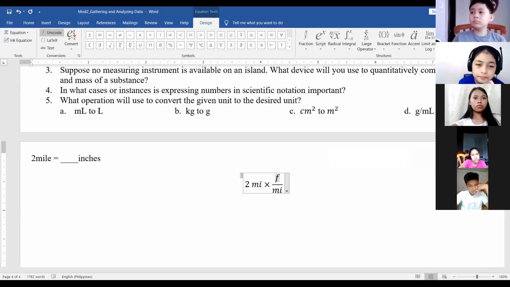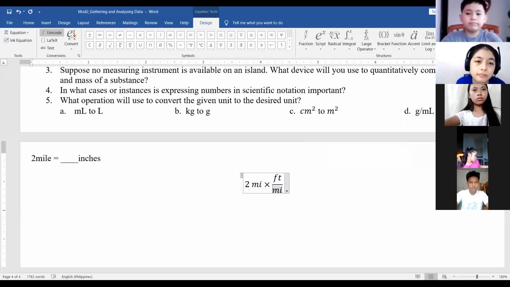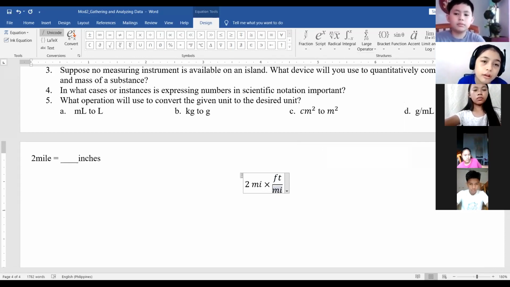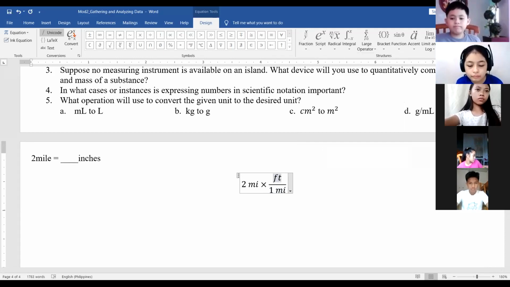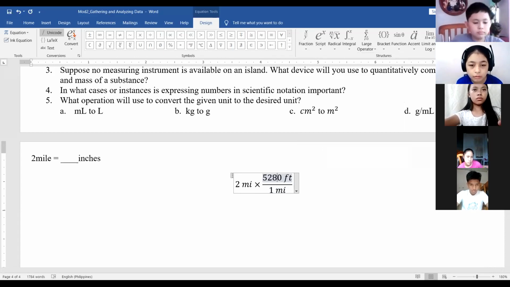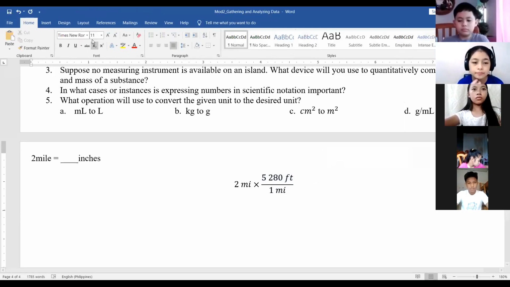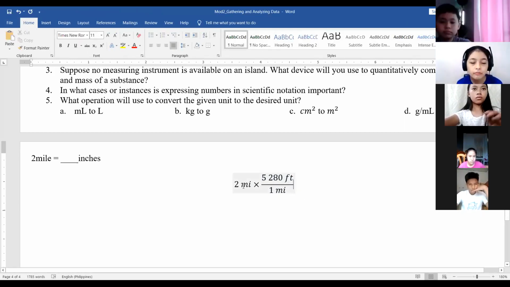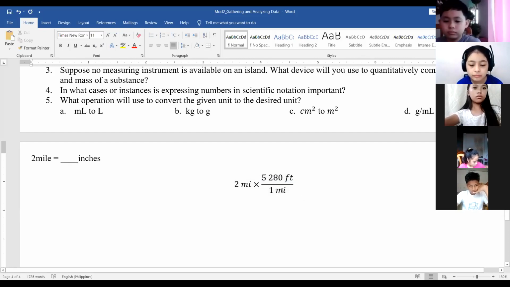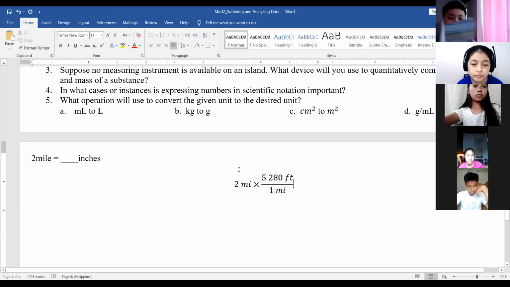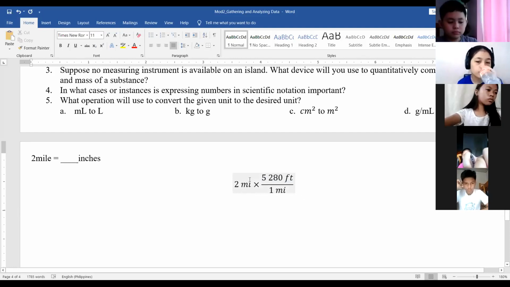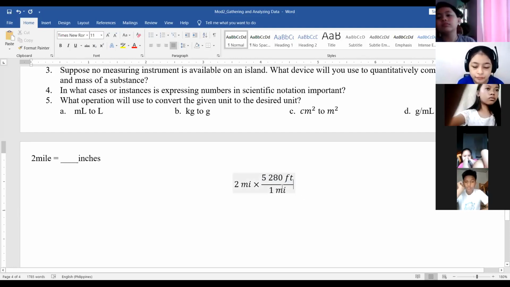However, for the time being, we will use feet first, because you don't have the conversion of miles to inches, but you have the conversion of 1 mile, which is equal to 5,280 feet, right? Which is in your module, or I think I let you copy the conversion there. So from this conversion, class, you notice that the unit mile, which is present in this example, is located in both the numerator and denominator. This is the idea of conversion, class.